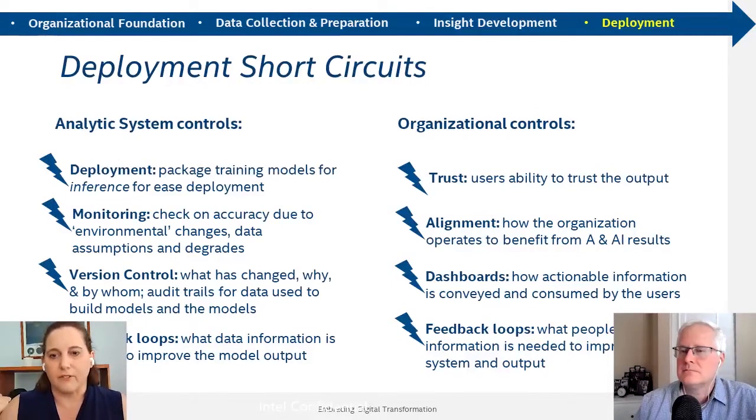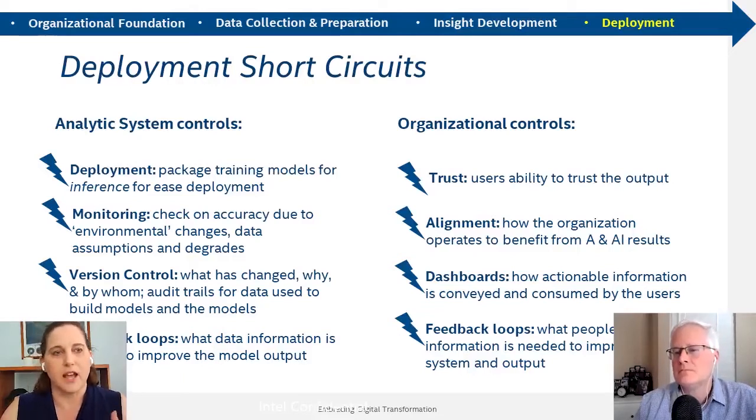So it's really important to, one, get that trust, get the alignment, and have these feedback loops. The other aspect is that you want to create a way where they can easily consume the information.